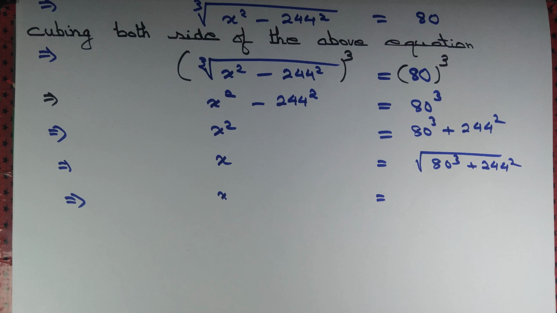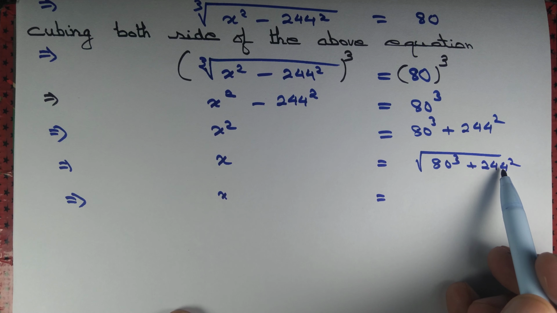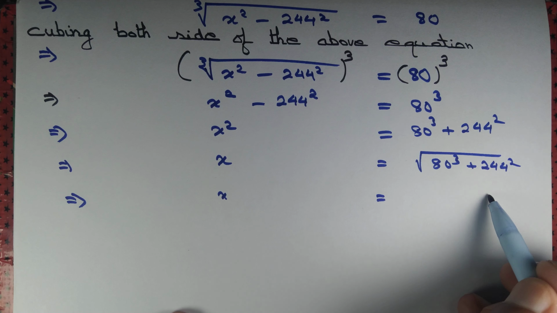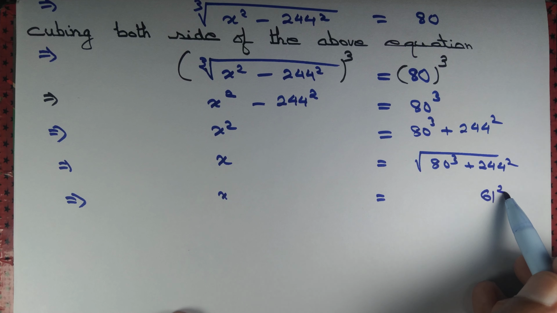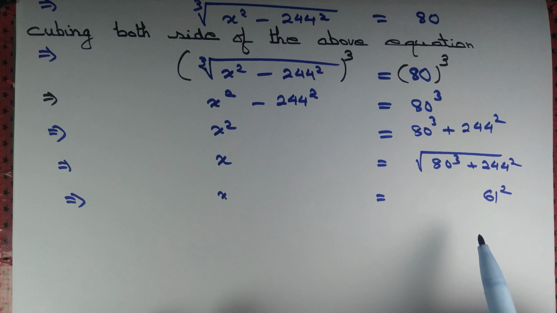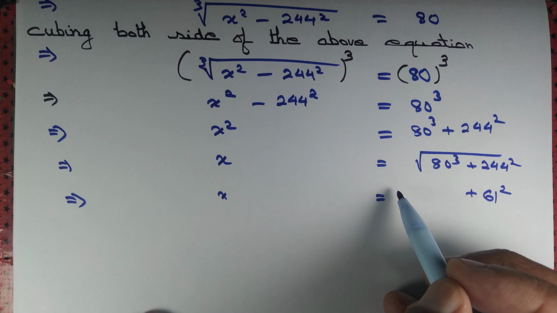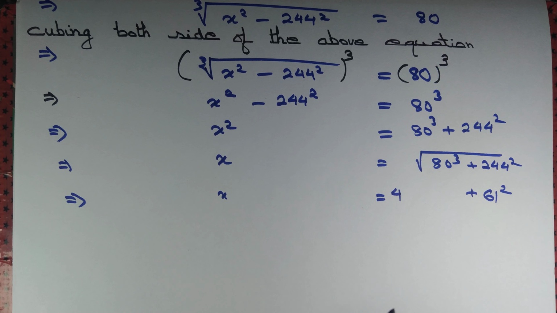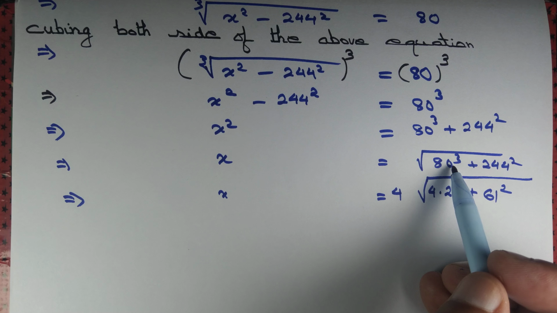well, we can simply calculate it. Observe that I can take 4 square common here. If I take 4 square common here, I'll be left with 61. So root of 4 square is simply 4. 4 into 20 is 80.